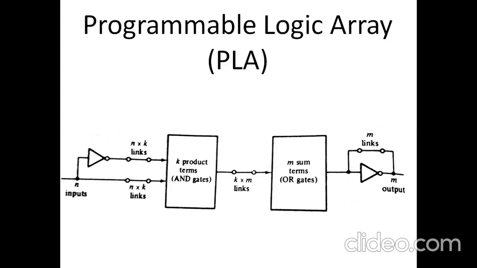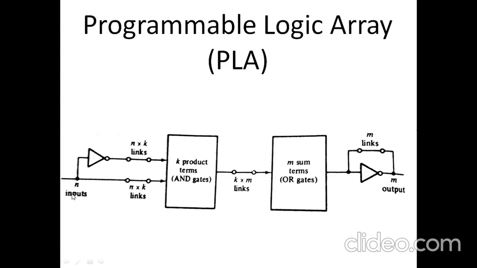I will explain the building blocks of the programmable logic array. We have n inputs in this PLA and m outputs. So basically, it's a combinational circuit with n inputs and m outputs.